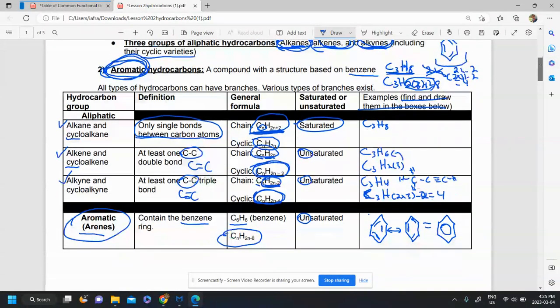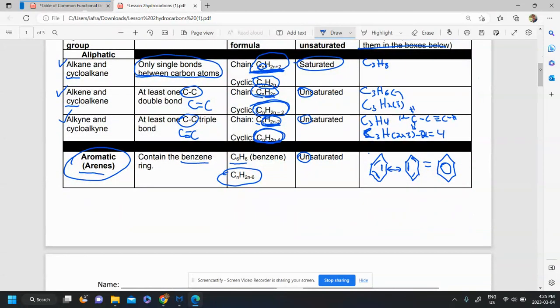Just to show you what it would look like with the actual carbons in there, it would be something along the lines of this. So you have 6 carbons, like that. And then let's put our double bonds in. So we'll put one here, put one here, put one here.